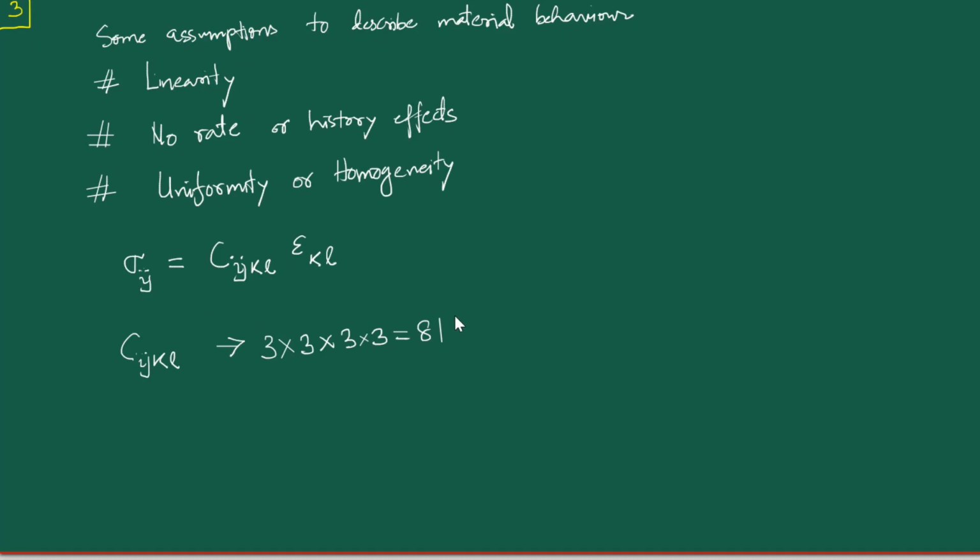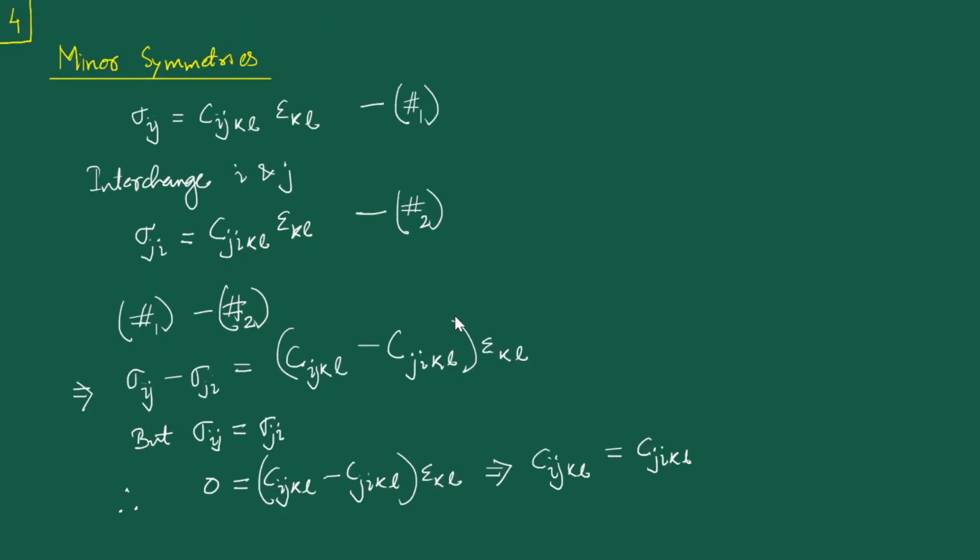So this apparently 81 independent components number has been reduced. So let's see how it has happened.